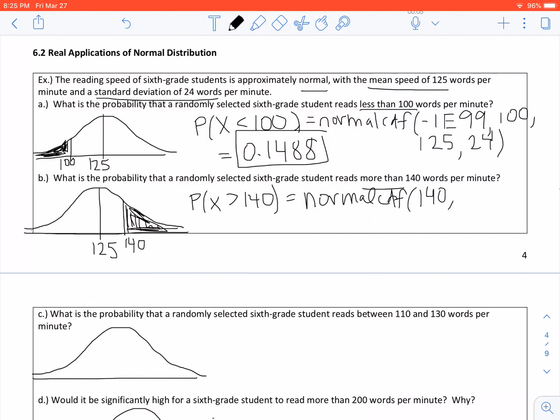And it goes on forever to the right, which is 1E99. Which again, you're using the E that is exponential, right above the comma. Comma the mean, which is 125. Comma the standard deviation, which is 24. Close your parentheses. Round your probabilities to 4 decimal places, and you should get 0.2660.